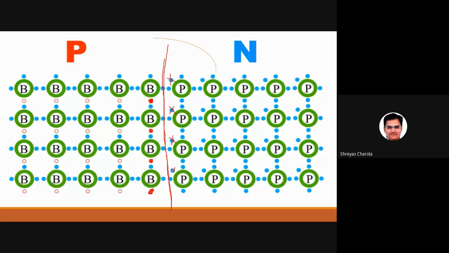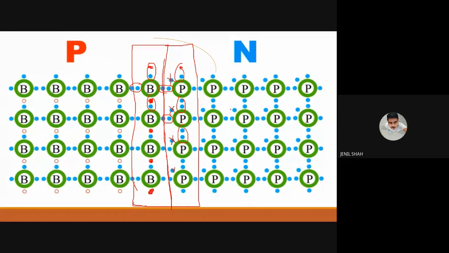Now, this phosphorus has how many electrons? Here there will be one electron, so there will be 8. So I can say that now it is in a stable state. Yes or no? So now this junction extends from here to here. Yes or no? Yes, sir. So a small junction.